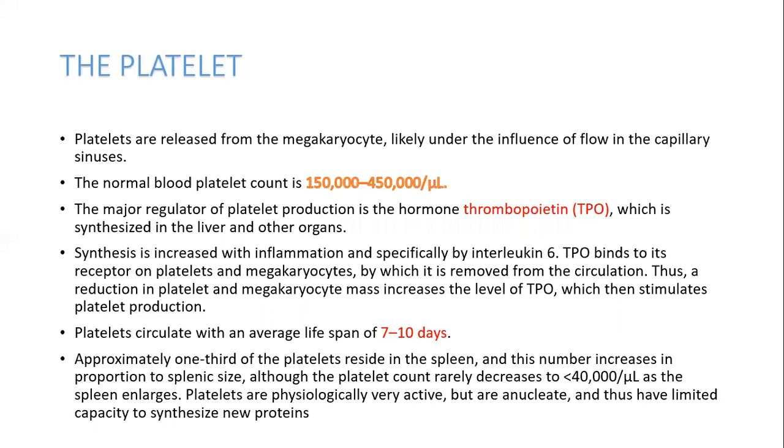Usually, whenever platelets are high, megakaryocytes in the bone marrow will be more. High megakaryocyte count is associated with a high risk of myelofibrosis. So any disorder in which platelet count is very high, they are at future risk of developing myelofibrosis.